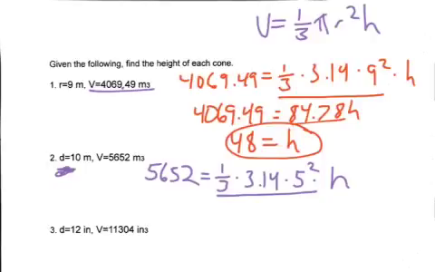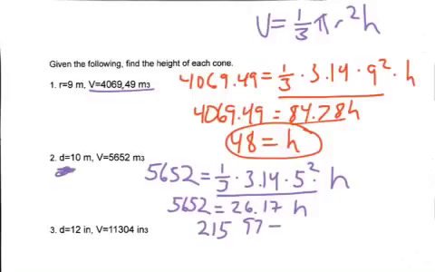So multiply all this in your calculator. 1/3 times 3.14 times 5 squared. When you do that, you get 26.17 h. Divide both sides by 26.17, and you're left with 215.97 is our height, or you could say it's just 216.